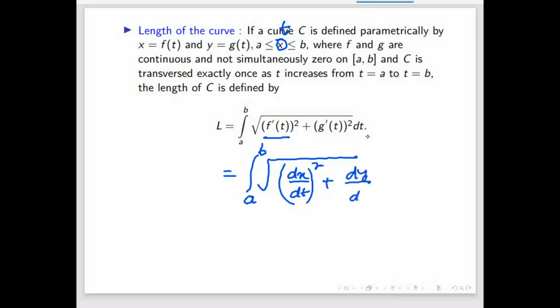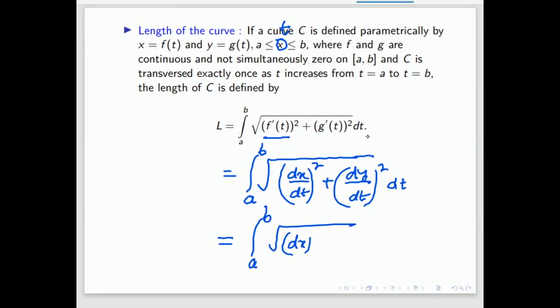And here dy by dt whole square, and then dt. So from here this dt will cancel out, and the same formula we can write like this: square root of dx square plus dy square. And this is nothing but the length of the curve.